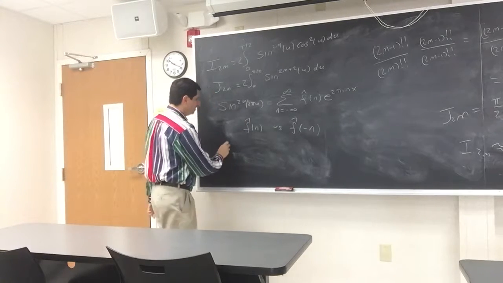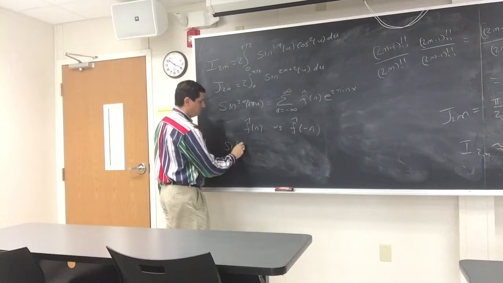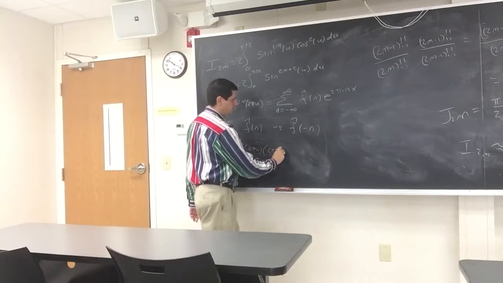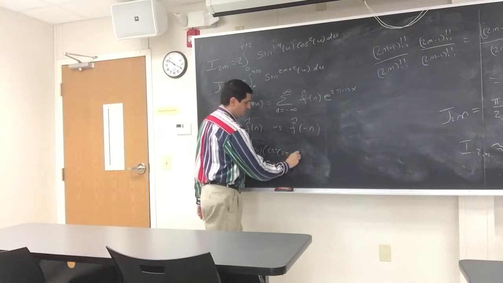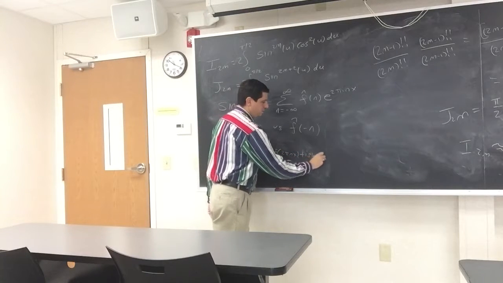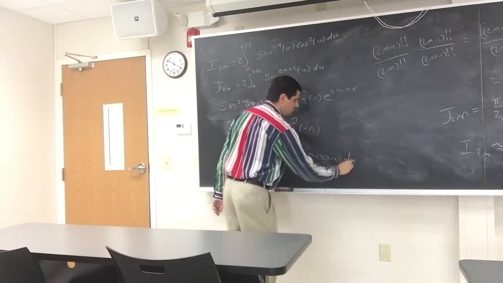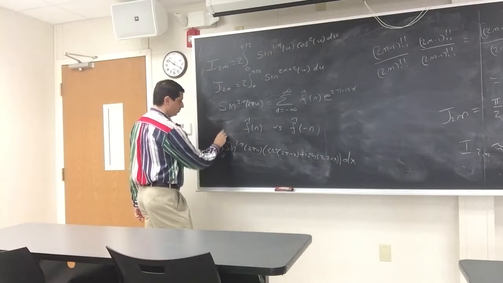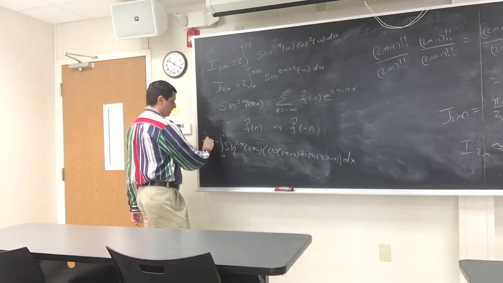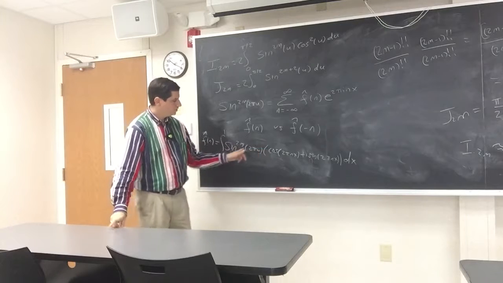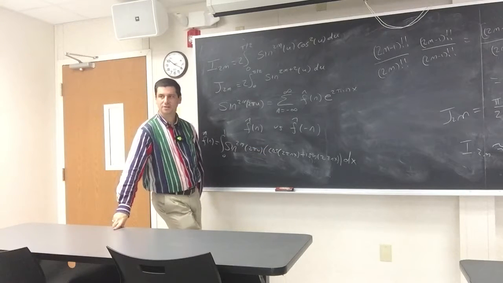So we would want to look at the sine to the 2m 2 pi u times cosine 2 pi nx plus i sine 2 pi nx dx. Integral from 0 to 1, this is f hat of n. What's the integral of sine to the 2m times cosine?